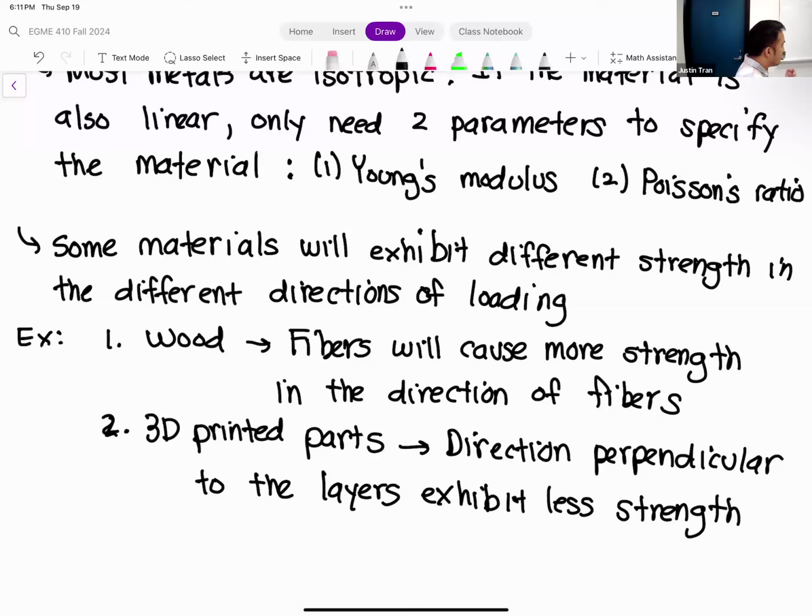Okay. And so, if you're working with these kinds of materials and you want to simulate them in ANSYS, this kind of behavior is something that you really want to capture, right? If you don't capture these properties, if you assume that it's an isotropic material, your results are going to be pretty off, most likely.